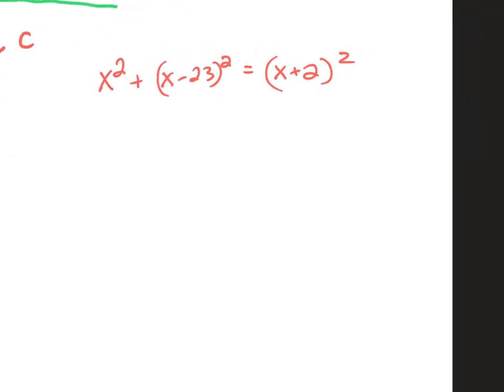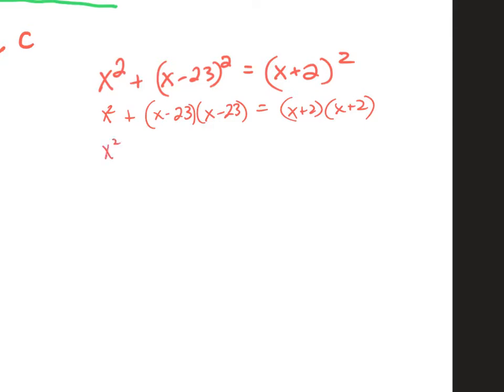All right, once you've got that, then you're going to go ahead and solve this. X squared plus x minus 23, x minus 23 equals x plus 2 times x plus 2. Anytime you square it, you're just taking the parentheses times itself.